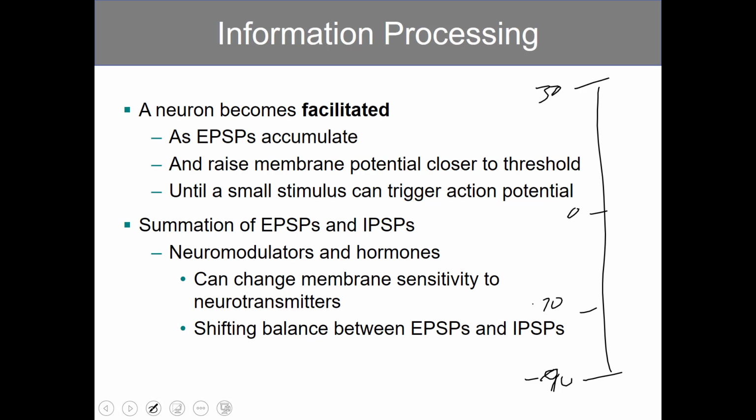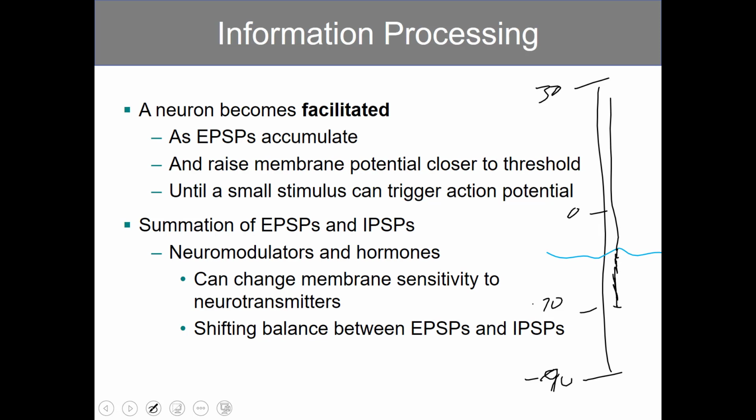If you're sitting here at rest and you have rapid-fire EPSPs, that continues to strengthen this depolarization, and as soon as you reach threshold, boom, you get the generation of an action potential. It's propagated down the entire length of the axon, leading to synaptic activity.